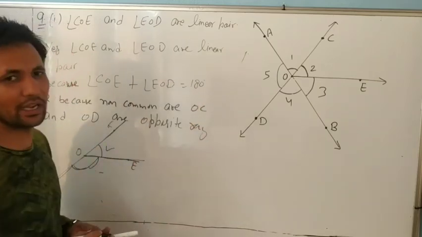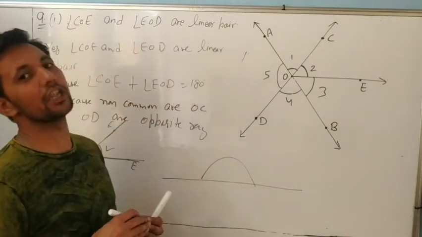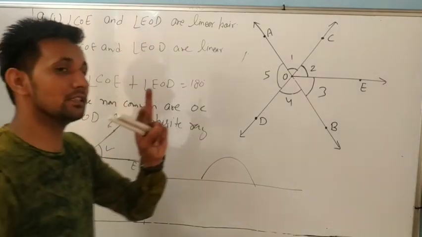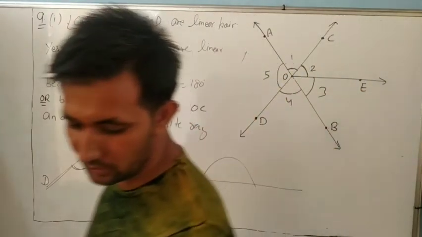Anyone you can use. Always remember one thing: a straight line always makes 180. So linear pair means the sum of two adjacent angles is 180. Please note it down.